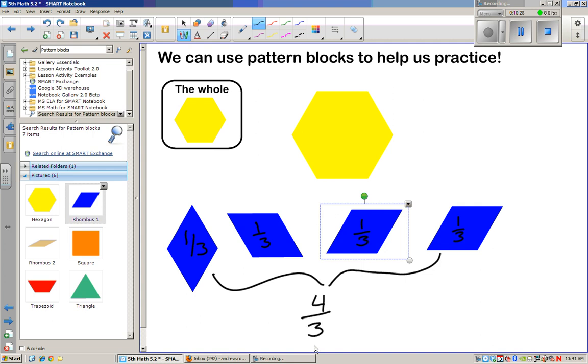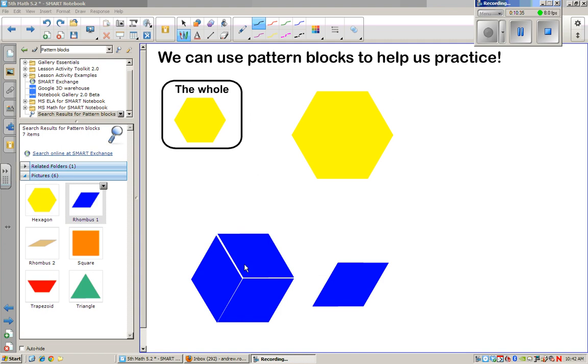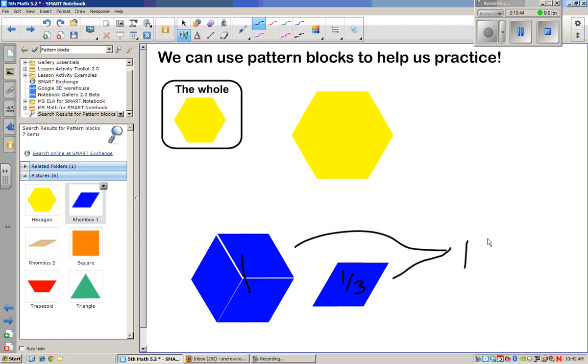That's my improper fraction. But I can also put them back together, and I'll pause it and do that. If I put them together like this, I can call this whole shape one whole, and this is 1/3. So together, they would be 1 and 1/3.